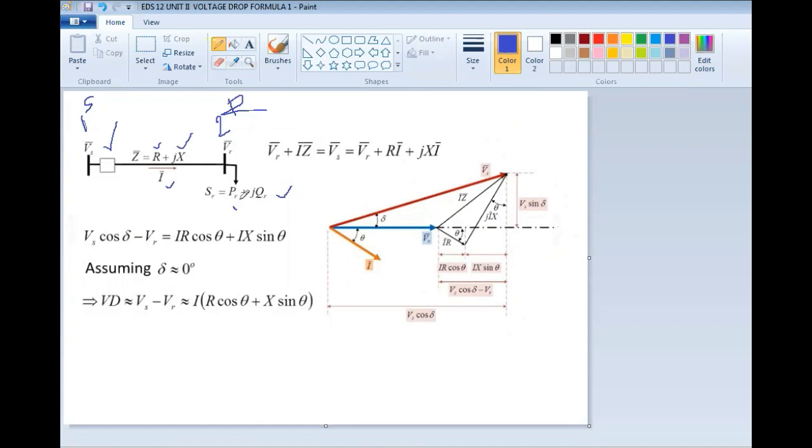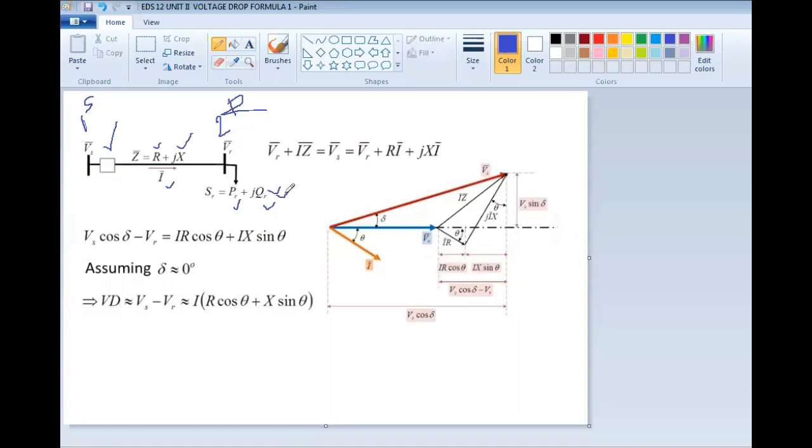PR is the true power taken by the load, and QR is the reactive power taken by the load. Wherever QR is positive, the load takes lagging reactive power, which mostly means it is an inductive load. This is the example we have taken to derive the voltage drop.